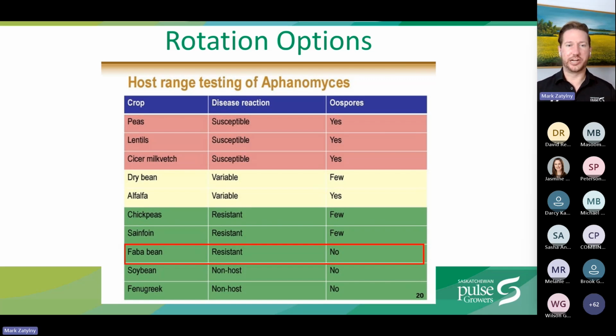I can't say it's a non-host completely. It can be infected and release oospores to the soil, but not in a way that will negatively impact the yield of the crop. It is just a good alternative to other pulse crops in your rotation.